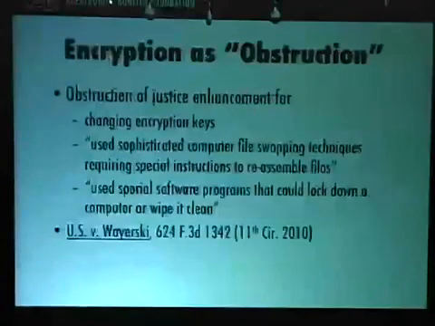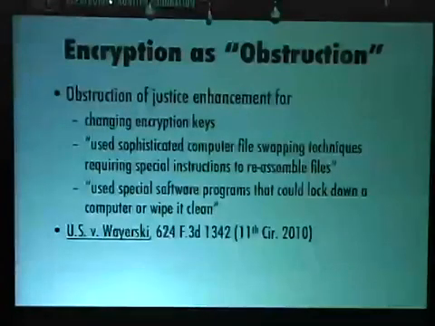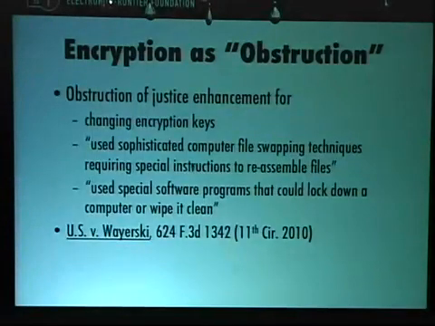Now, unfortunately, encryption has been considered obstruction. In the case that's cited here, the court found the obstruction of justice enhancement was appropriate for a defendant who changed encryption keys, used, and this is the court's words, sophisticated computer file swapping techniques requiring special instructions to reassemble files, and used special software programs that could lock down a computer or wipe it clean.